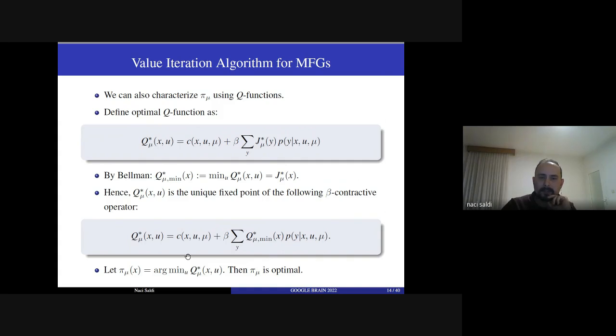And what is the optimal policy in this case? The optimal policy, pi mu, is the function that minimizes this Q function. So this is another characterization of the optimal policy.